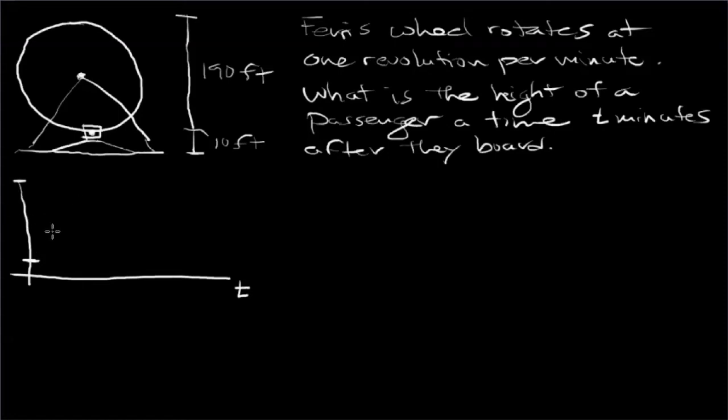Sine normally starts at the midline, and this doesn't start at the midline. That tells me that if I want to make my job easier, I'm not going to use the sine function. I'm going to use cosine, because cosine would start at the highest point, and I can just easily flip it upside down. But it's going to start when the Ferris wheel starts turning.